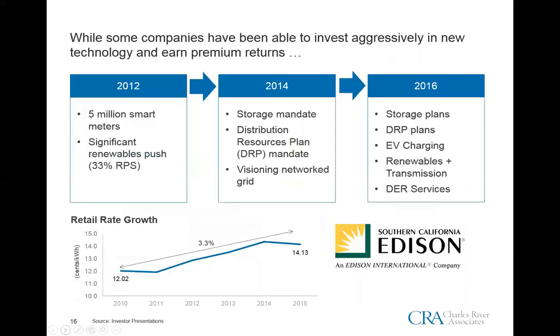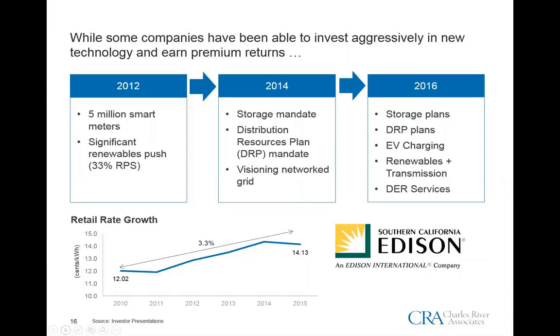So moving to the next slide, I think the question arises then, some companies have been able to invest aggressively in new technology and earn their premium returns. So you look at the Edison example, and back in 2012 they had their 5 million smart meters rolled out. They started with a large renewable storage mandates.